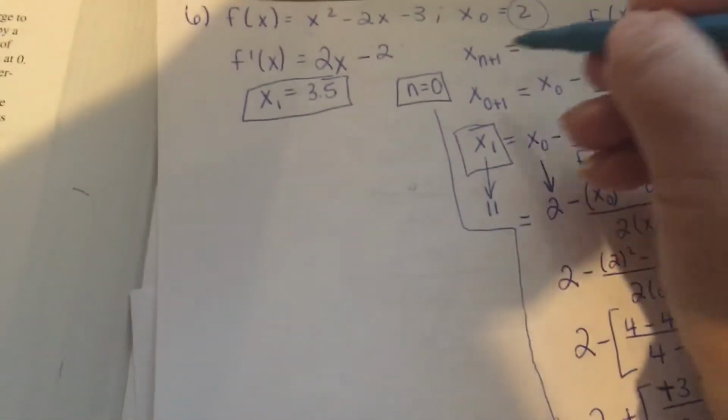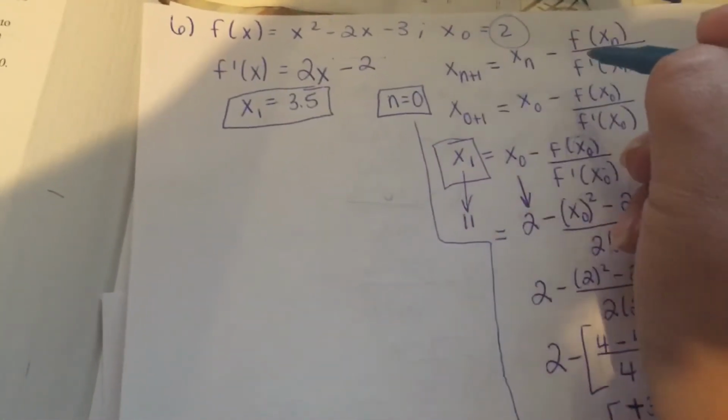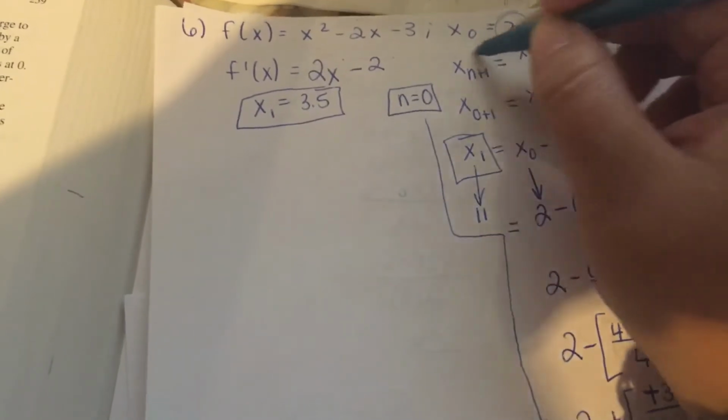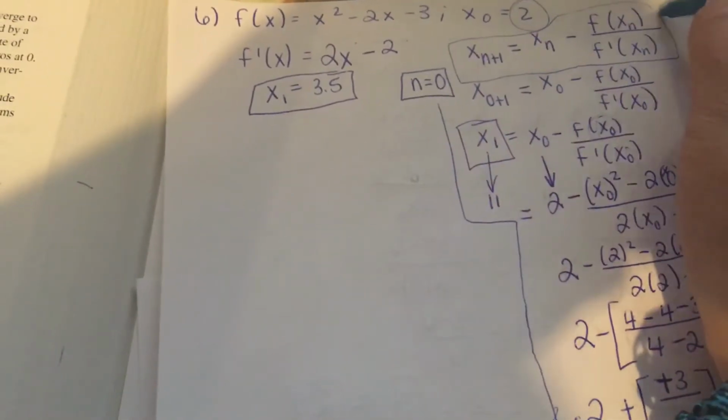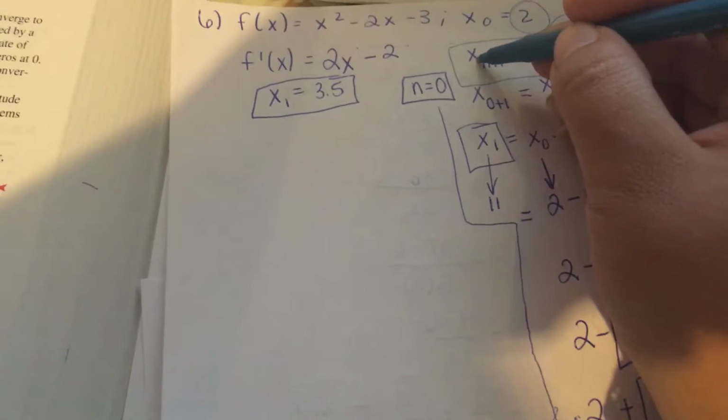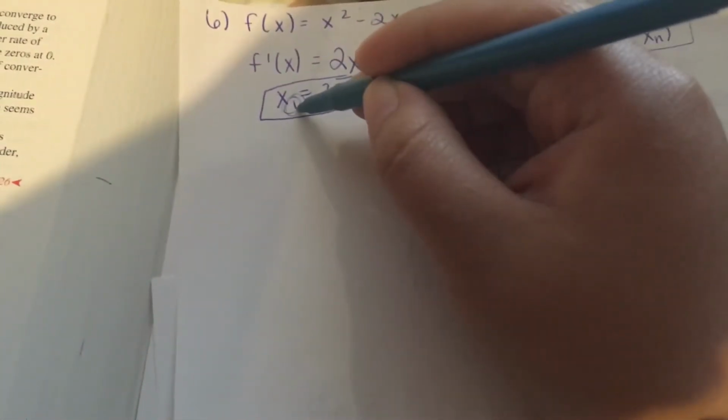let's do this. Okay, so for this one, this is our Newton's method. We're going to do the same thing for x sub 2. So n is 1 now, because that's what we have over here.